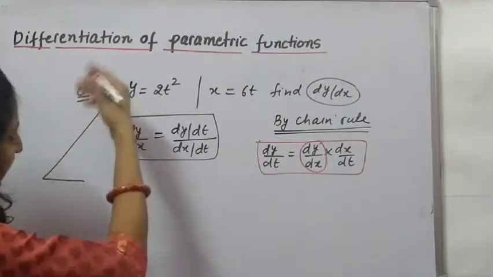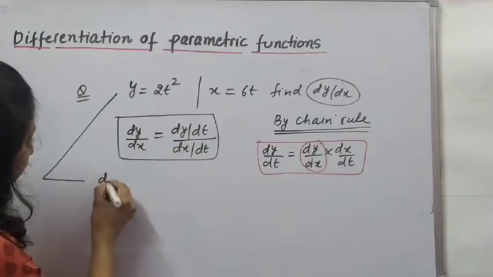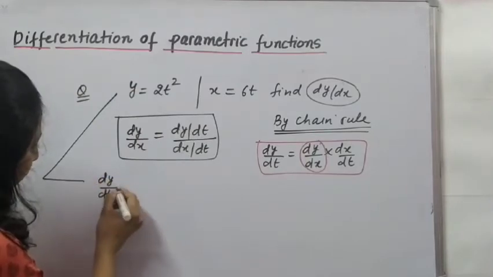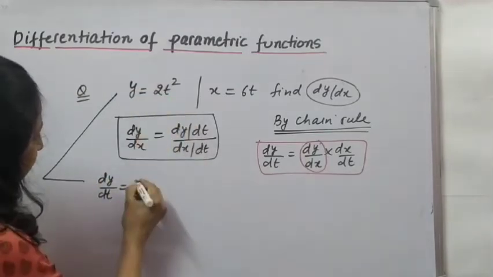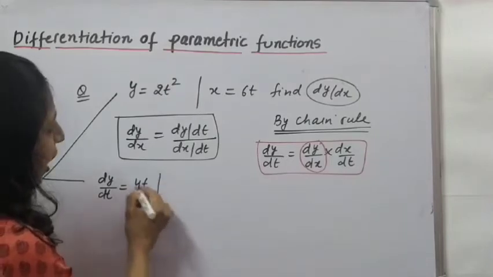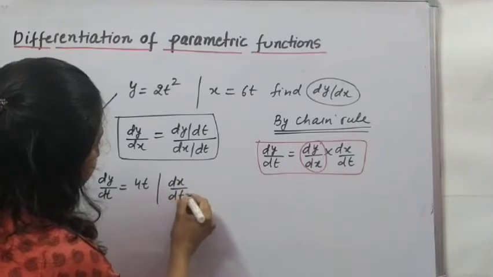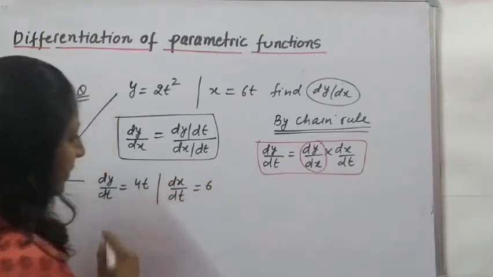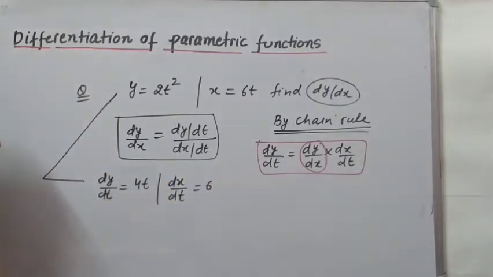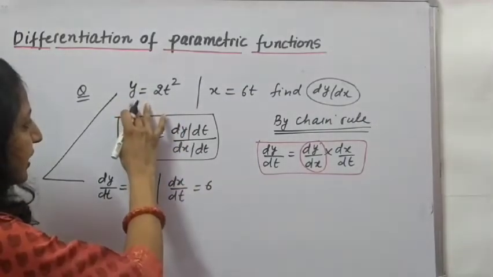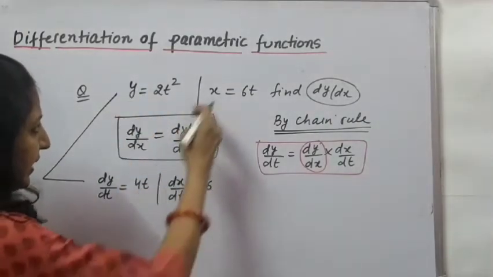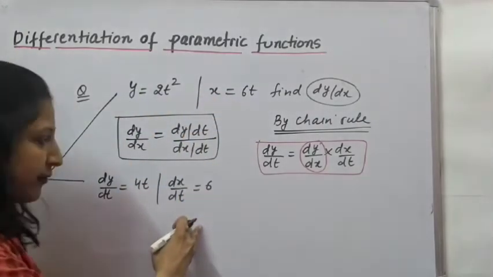First of all, we will differentiate y with respect to t. So dy by dt is equal to 4t. Now differentiate x with respect to t. So from here dx by dt is equal to 6. Students, it's very simple. First differentiate y with respect to t, then differentiate x with respect to t, right?